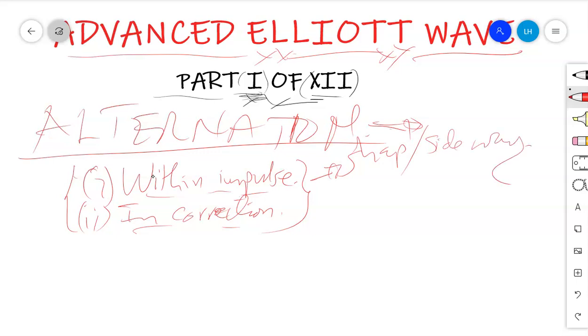So within an impulse, we can have alternation in terms of a sharp structure, and also alternation between a sharp and sideways movement.